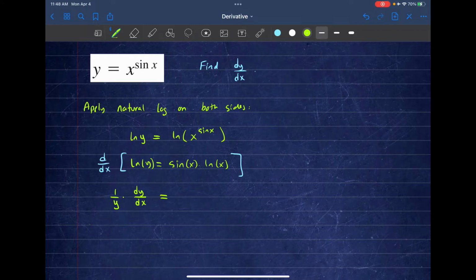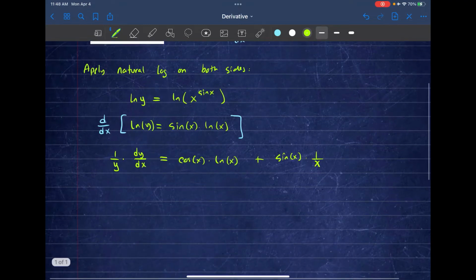And on the right side, you're going to use the product rule because this is a function times a function. So you differentiate the first, the derivative of sine, that's cosine of x. You keep the second, plus, now you keep the first, which is sine of x, and differentiate ln of x. The derivative of ln of x is 1 over x.